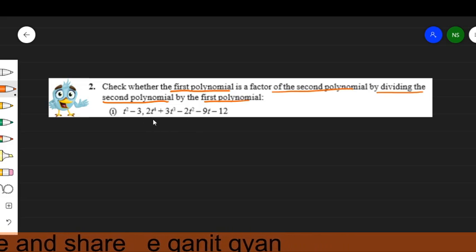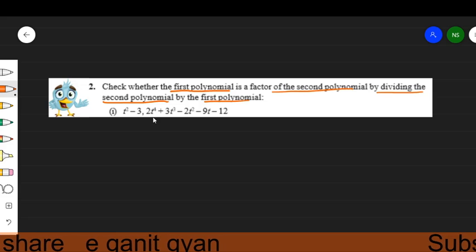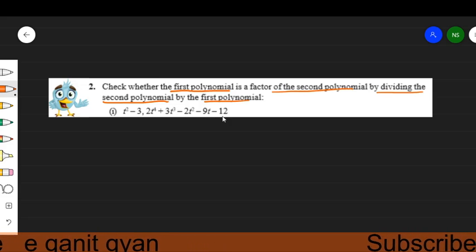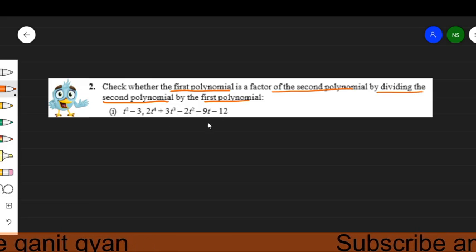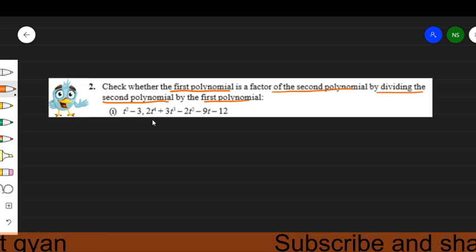Here we have two polynomials. One is t square minus 3, another one is 2t power 4 plus 3t cube minus 2t square minus 9t minus 12. Here we want to divide the second polynomial with the first polynomial.